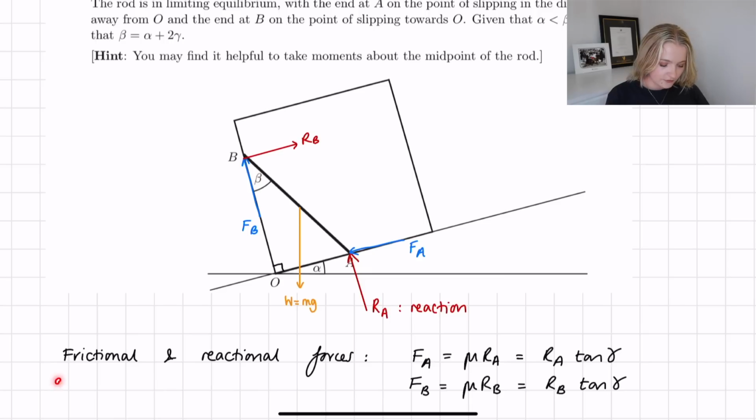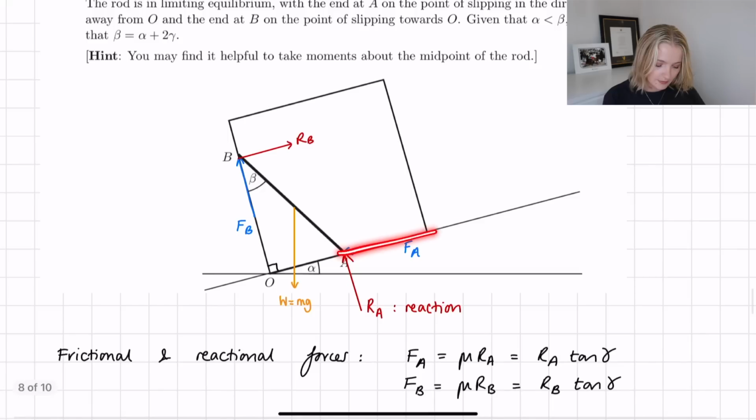So firstly, we have frictional and reactional forces. If we look at what's happening at A, we know that the frictional force is acting this way because we're told that the rod is slipping this way. We obviously have a reaction force here. We know that frictional forces are given by the coefficient of friction multiplied by the reaction force.